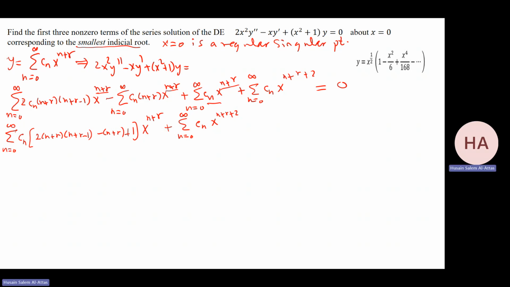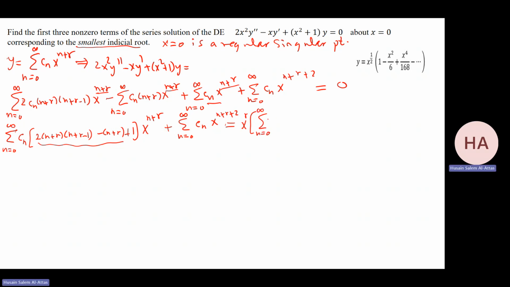These two series, okay. Now here can I combine them? No, it will not be an easy one. So leave it as this. Now I can take x to the power r as a common factor. What is the remaining?